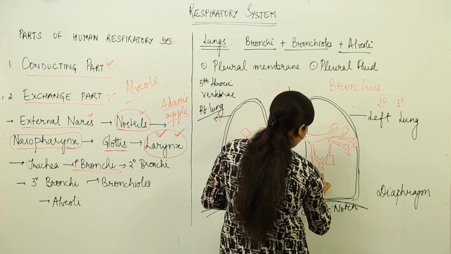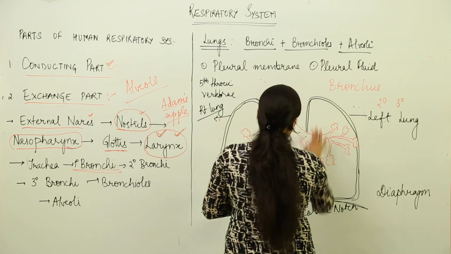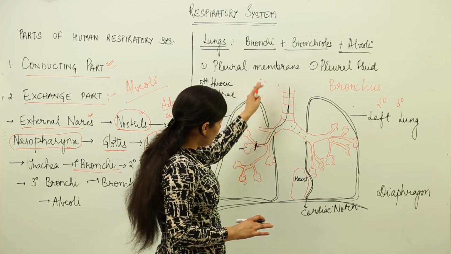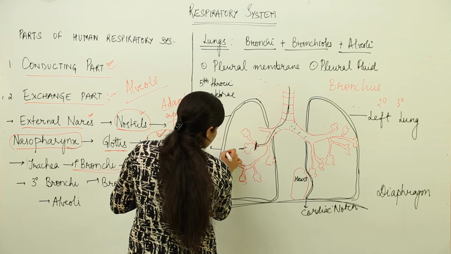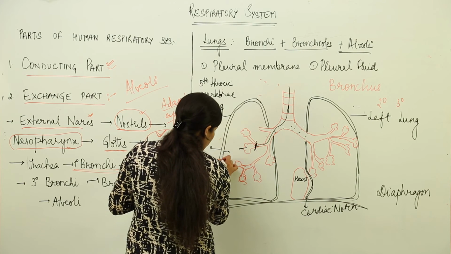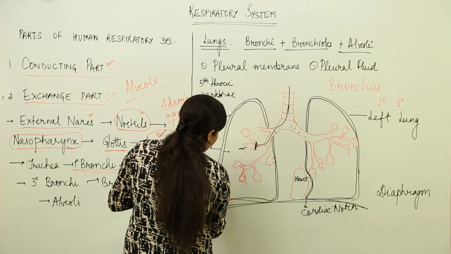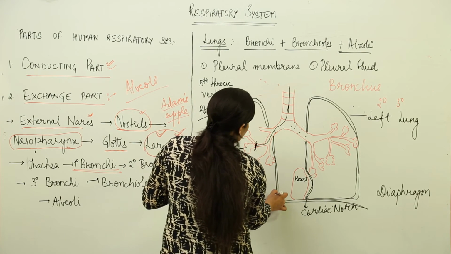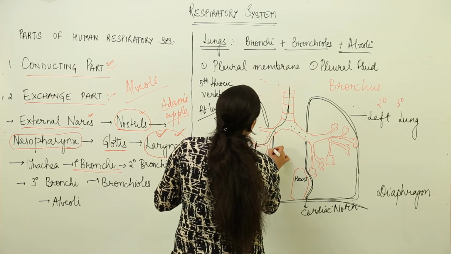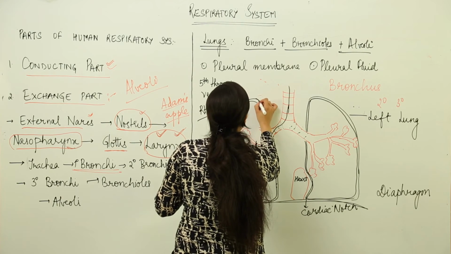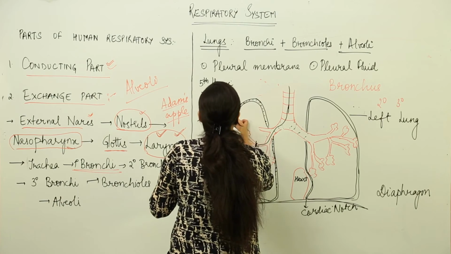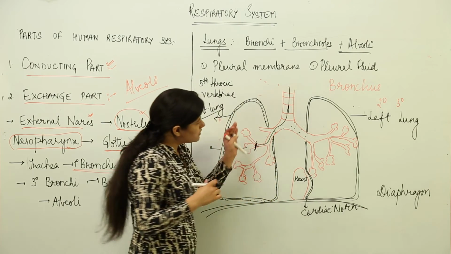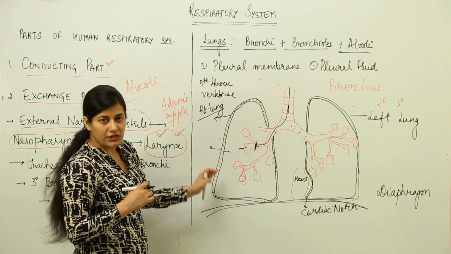The pleural membrane surrounds the lungs, and it has an outer and an inner membrane, and inside the pleural membrane there is pleural fluid. This pleural fluid is responsible for maintaining a lubricated condition so that least friction is created in the lungs. So this is all about the lungs that we need to understand.